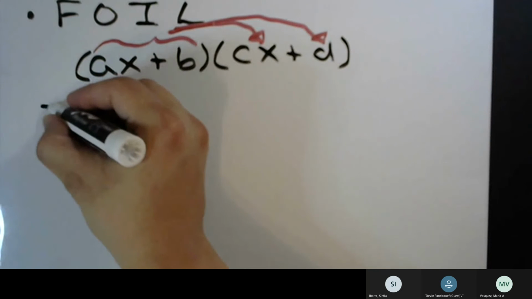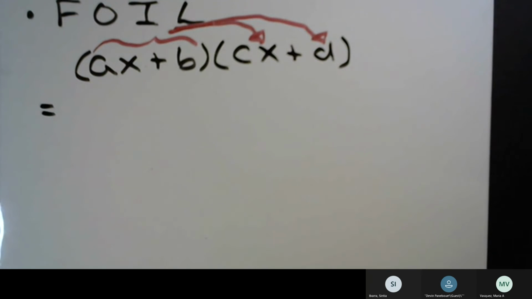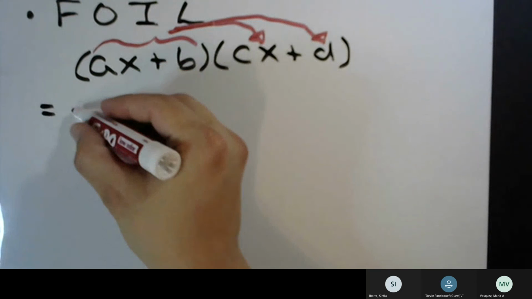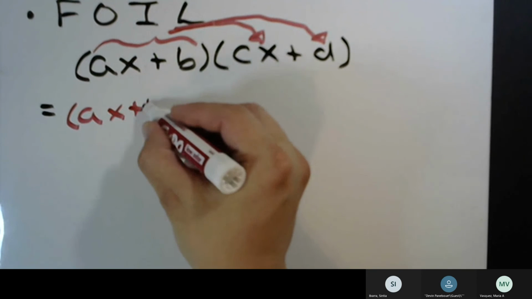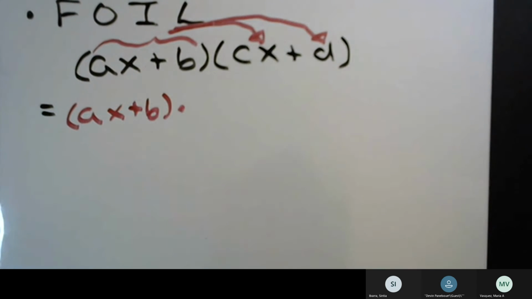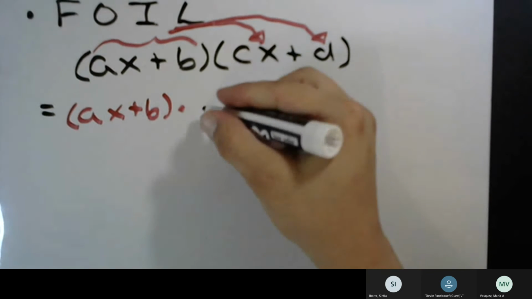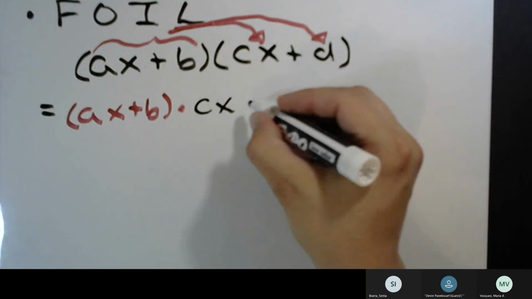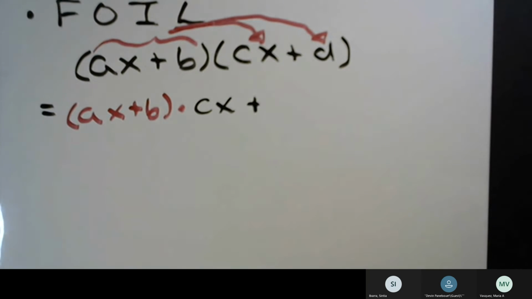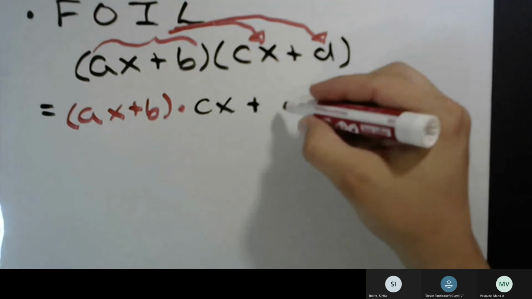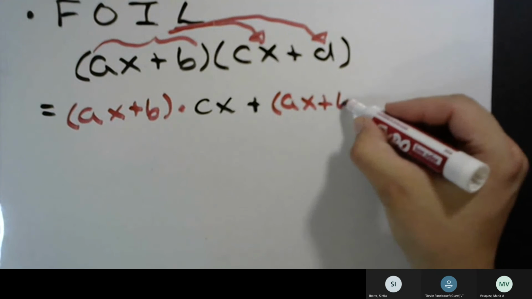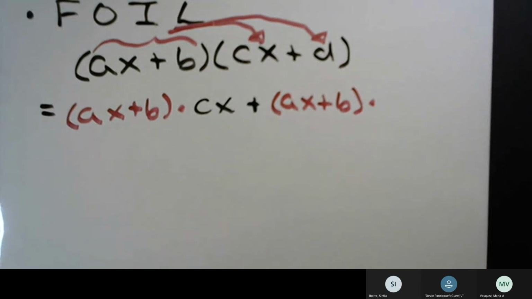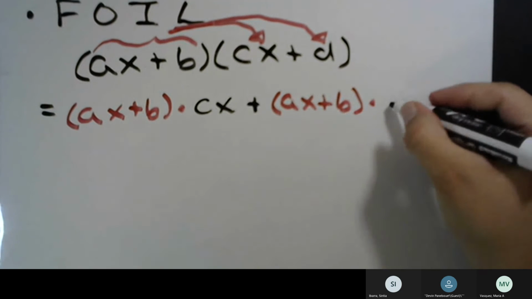So what we're going to get: ax plus b times cx plus ax plus b times d.